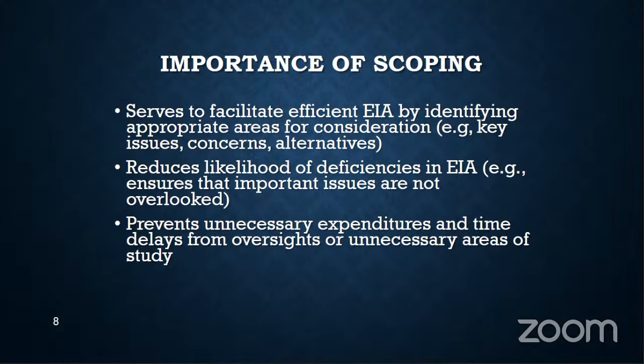It also prevents unnecessary expenditure and time delay from oversights or unnecessary areas of study. So it directs what could be done for an EIA assessment, what the impact is, and what is to be done in this assessment. That is the importance of scoping. We can tell this as a summary of what could be done in a detailed EIA.